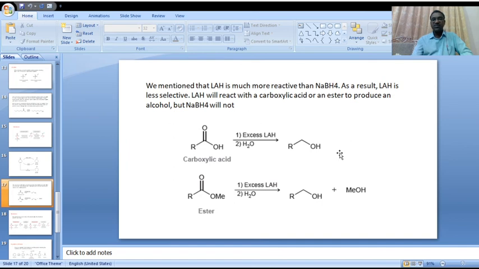Is it clear, all of you? This type of reaction proceeds only with the use of LAH. This type of reaction is not possible with sodium borohydride.